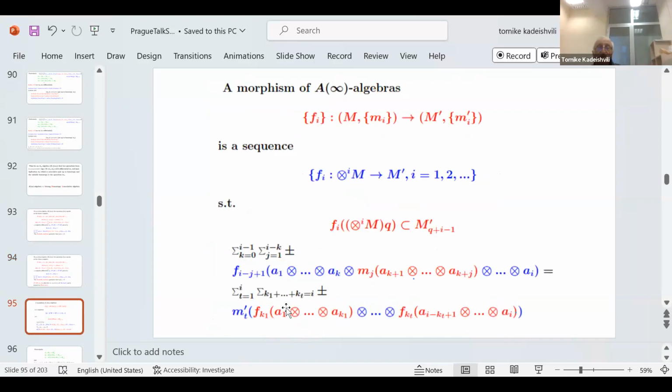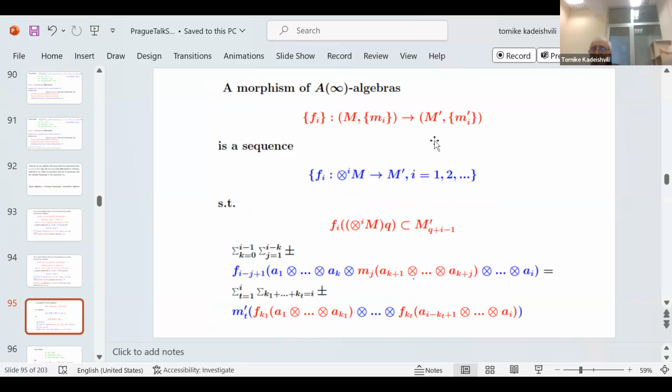There is also a morphism of A infinity algebras. What is a morphism of usual algebras? It is a chain map which is connected to M1 and is multiplicative with M2. But here we have M3, M4. What to do?